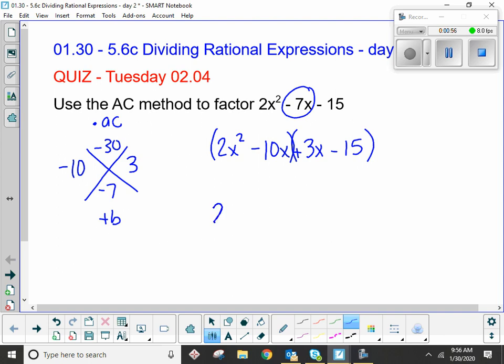2x. What was the GCF here? Oh wait, did I do something wrong?